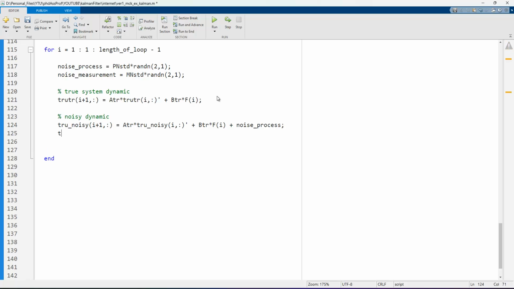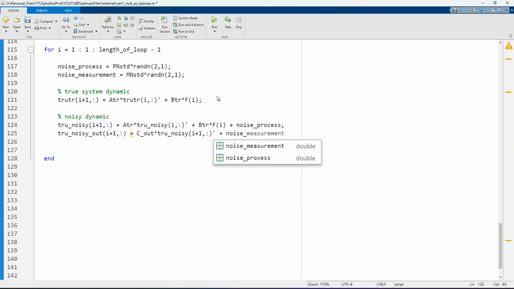And so the true noisy out should be defined with this term: C out times true noisy states (i+1), the next state, transpose, plus noise measurement.